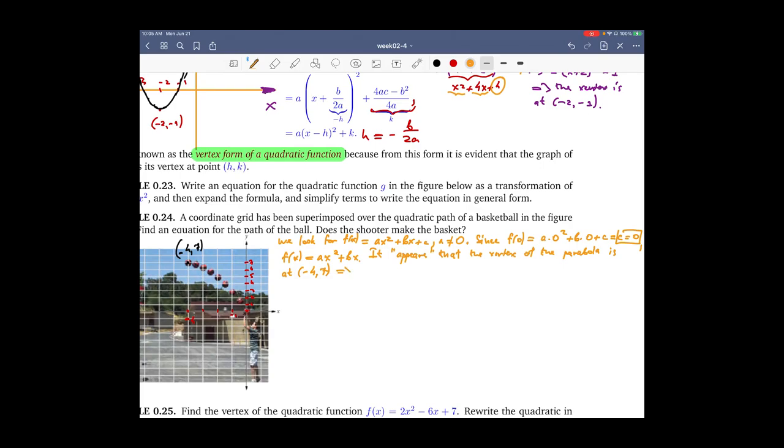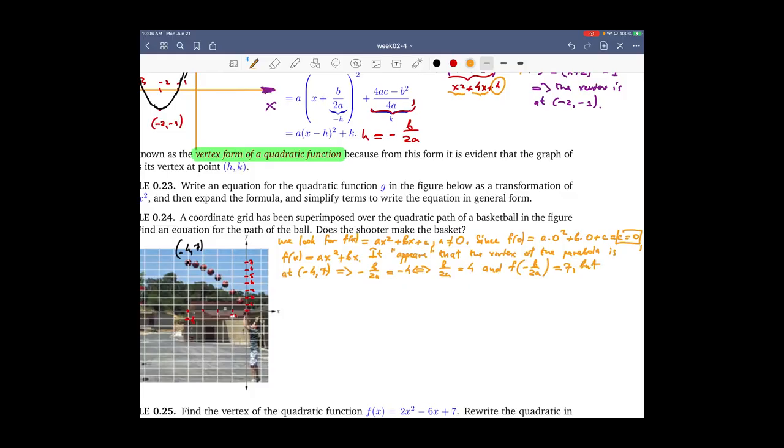So we can immediately write that −b/2a, which we know is the x-coordinate of the vertex, is −4, which means that b/2a is 4. And also we know that if I compute the value of f at −b/2a, I should get the y-coordinate of the vertex, which is 7.